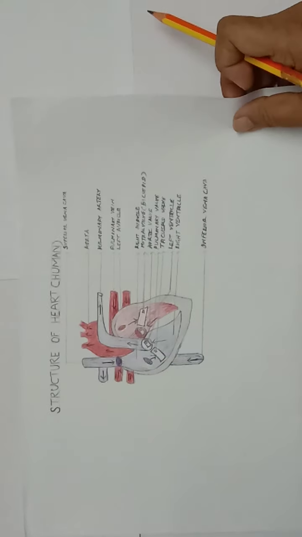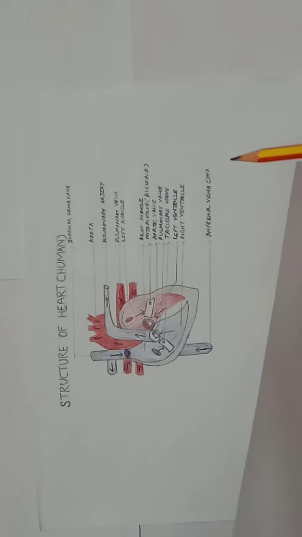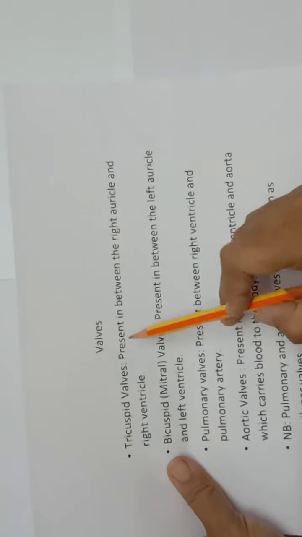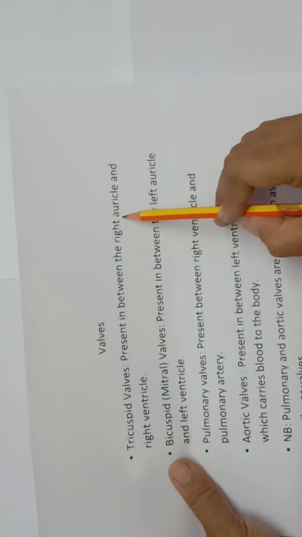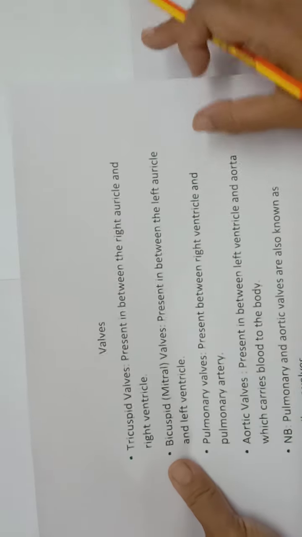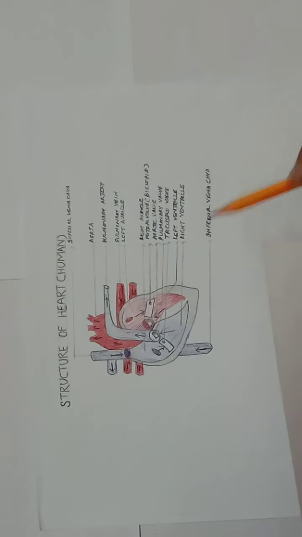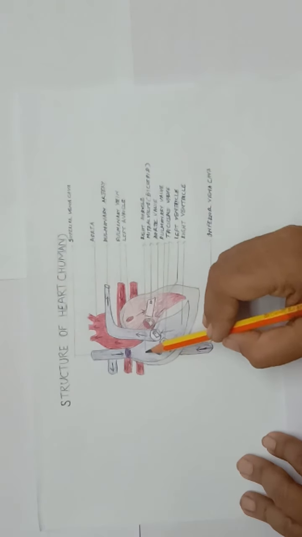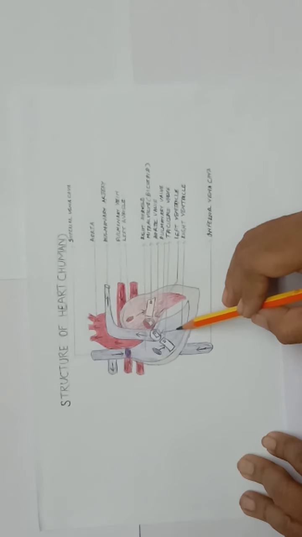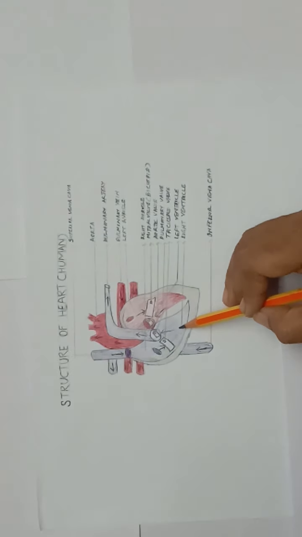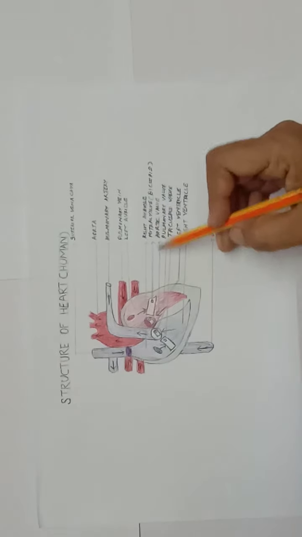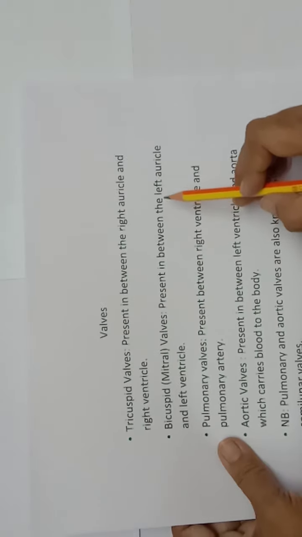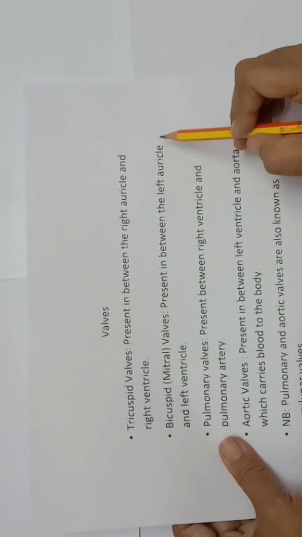So in the diagram you can see the tricuspid valve present between the right auricle and right ventricle. Let's see. This is the tricuspid valve. Then the bicuspid or mitral valve is present between the left auricle and left ventricle.